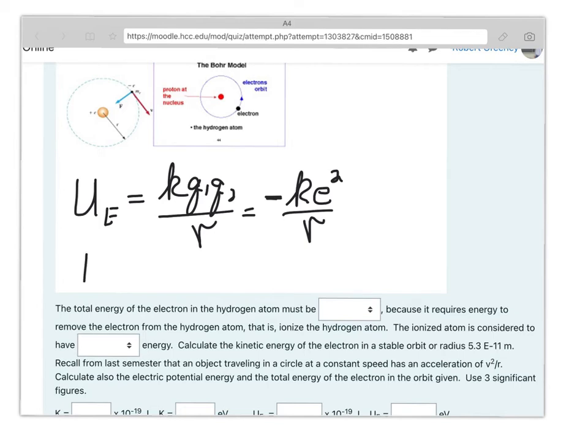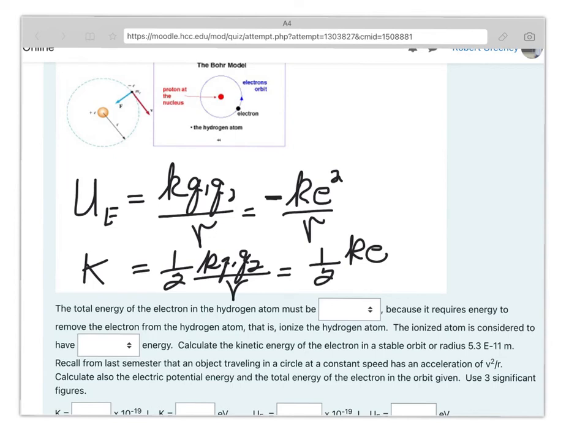And similarly, the kinetic energy, which we found previously, is 1/2 this amount. So it's 1/2 k q1 q2 over r, or 1/2 k e squared, where e is the 1.6 times 10 to the minus 19 coulombs, over r. And this is a positive number. Kinetic energy is always positive.